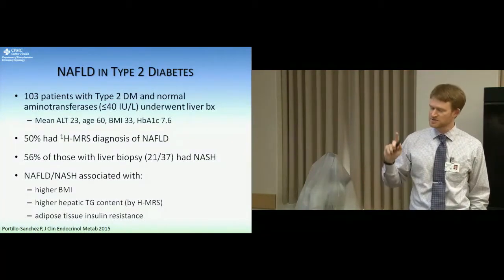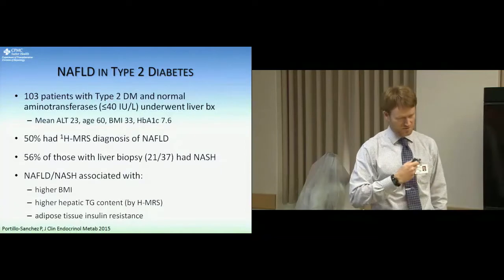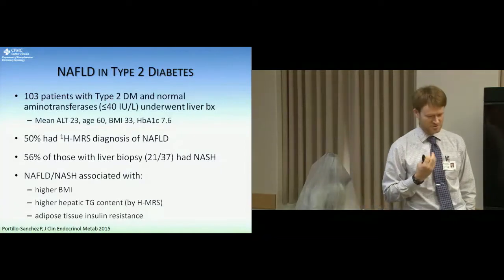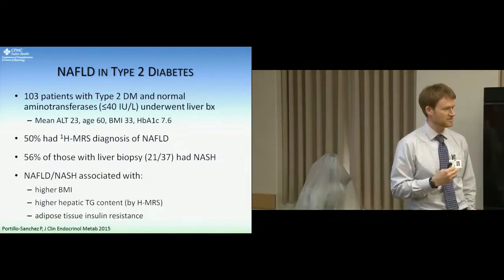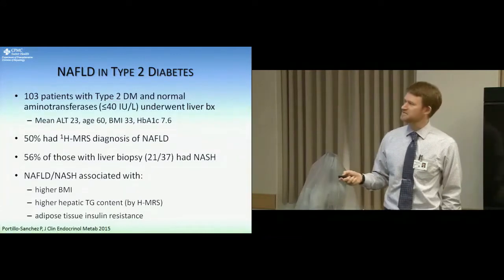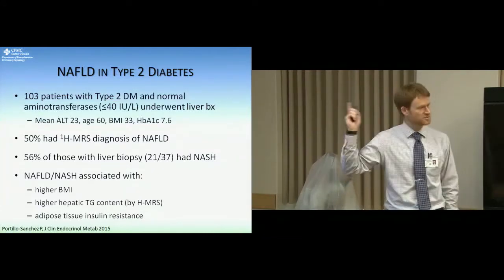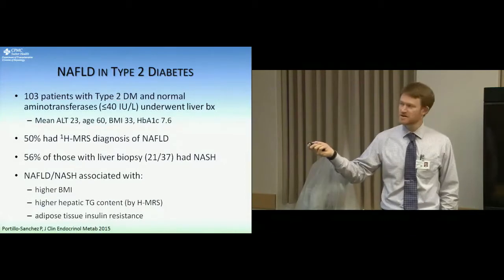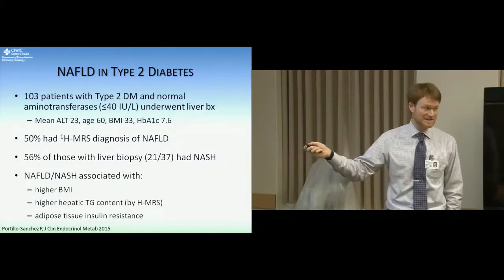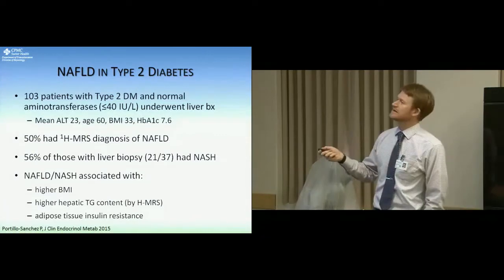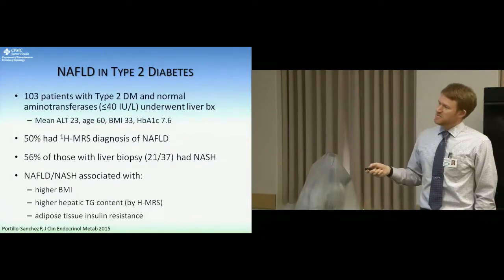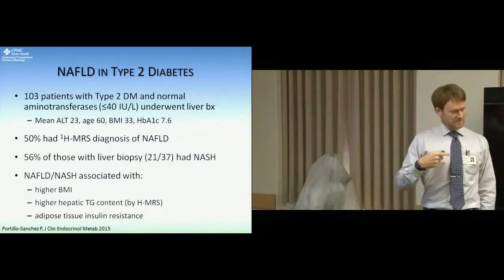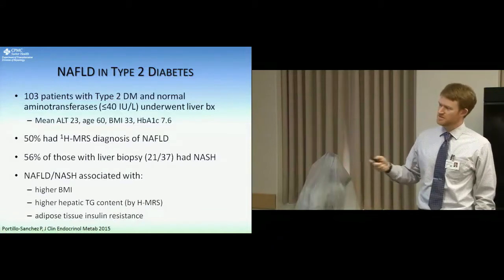And they did a proton-weighted MR spectroscopy, which is really sort of a research tool, a really good way to find fat in the liver without a biopsy. And half of them had fatty liver. So I already told you that 70% of diabetics have fat in the liver, but here is 50% of diabetics that you didn't necessarily think had liver disease. And then they offered liver biopsy to those patients, and 37 accepted, so not all of them said yes.